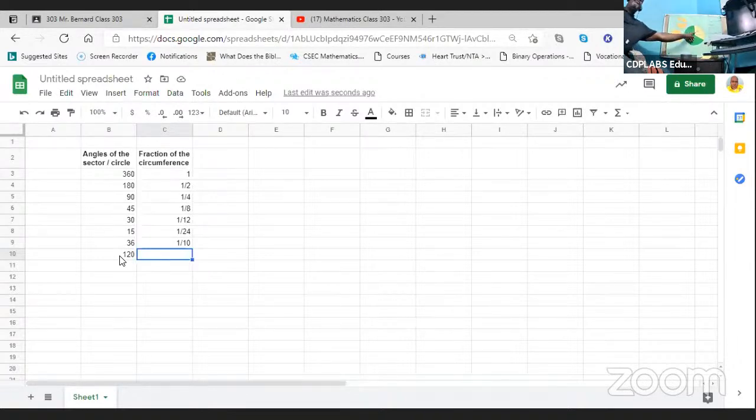All right. So if the angle of a sector now is 120, then what fraction of the circumference is this part? What fraction of the complete circumference is this part?